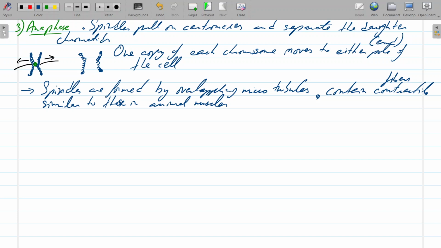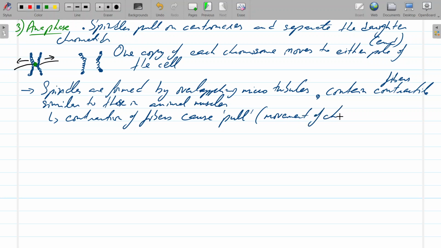And so the contraction of these fibers is what causes the movement of the chromatids. And this is a process that requires ATP.